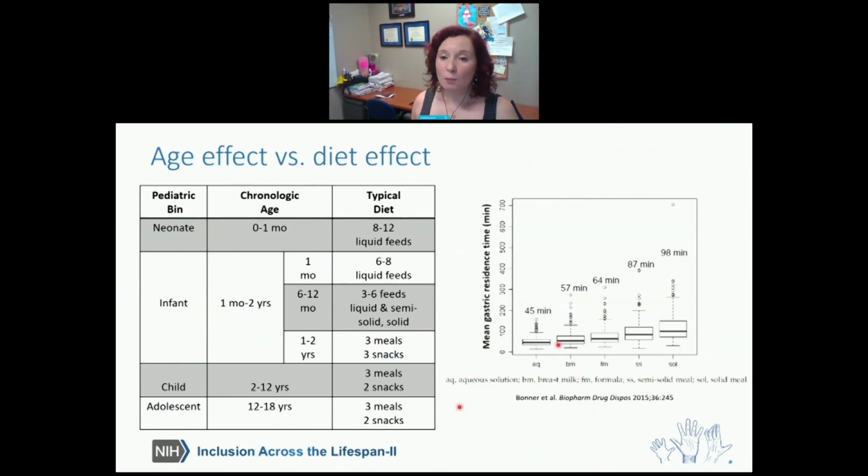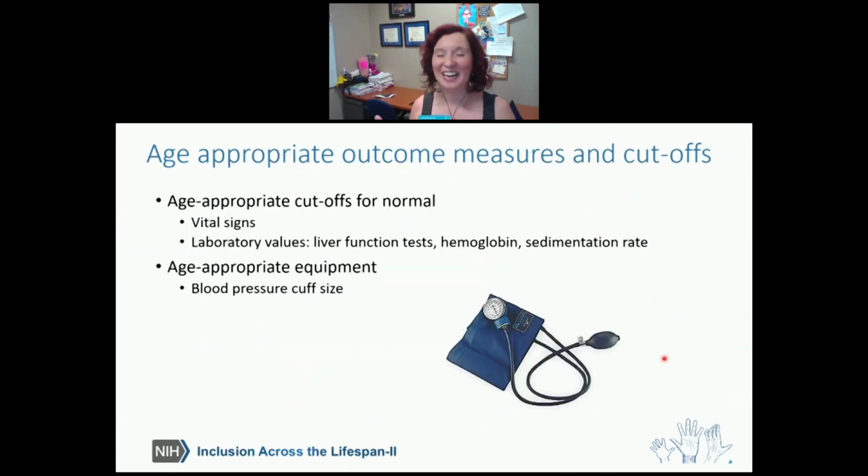For example, a baby in our infant category who's primarily on a breast milk or formula diet will have gastric emptying that is substantially different from an infant who has already transitioned to primarily a solid diet, resulting in potential pharmacology effects that may be attributed to age when in reality they're due to size or to diet.